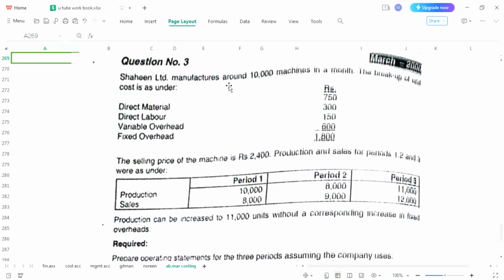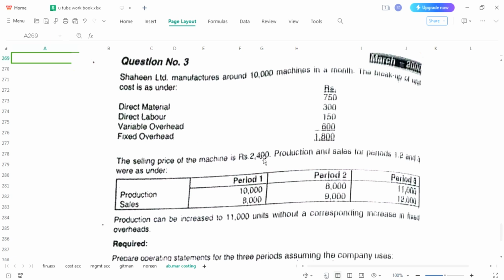when we are starting our question, you can see here 10,000 machines in a month are produced. This is the capacity of this organization, Shaheen Limited. They can produce 10,000 machines in a month. It's a normal production, you can imagine it as standard production. And now for this, cost is given for 10,000 machines.